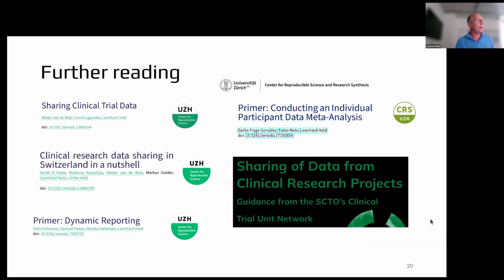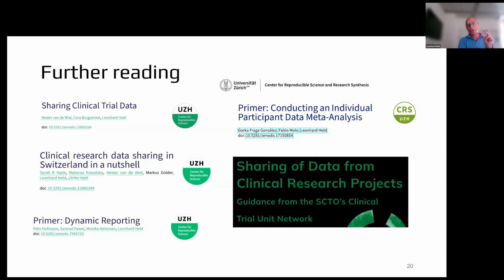So further reading that I can offer on sharing clinical trial data. From the Center for Reproducible Science and Research Synthesis here in Zurich, we have a few primers, where we give summaries on sharing clinical trial data, clinical research data sharing in Switzerland in a nutshell, and also conducting individual participant data meta-analysis.